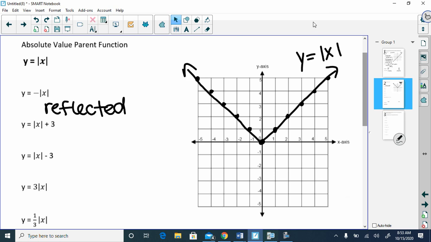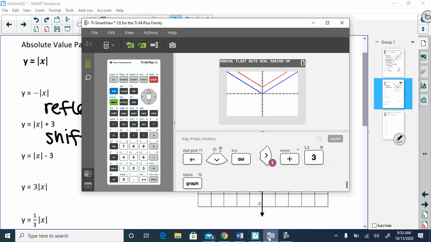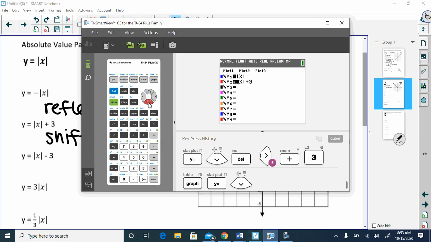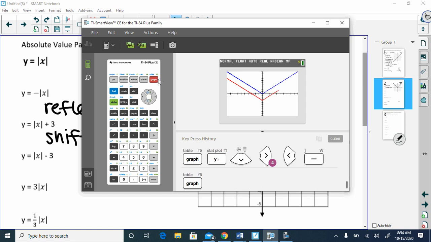Good. And we probably already have a pretty good idea of what the absolute value of x minus 3 is going to look like. What do y'all think? Good. So we graph it, and that is exactly what happens.